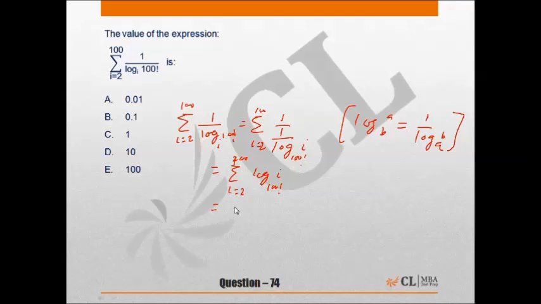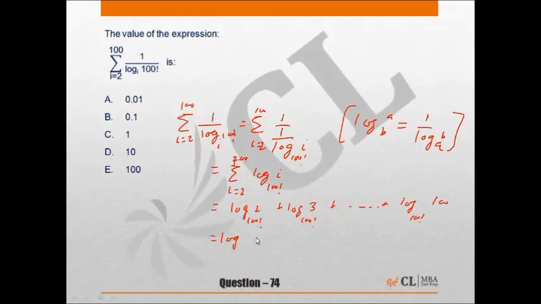On expansion, we get log 2 to base factorial 100 plus log 3 to base factorial 100 plus and so on, plus log 100 to base factorial 100. We know that log a plus log b plus log c and so on is equal to log a into b into c and so on.